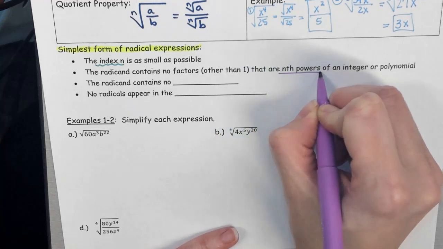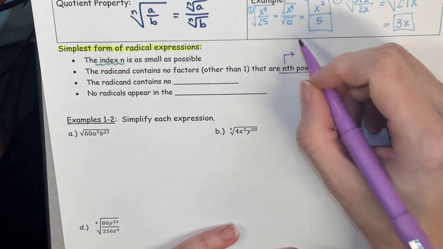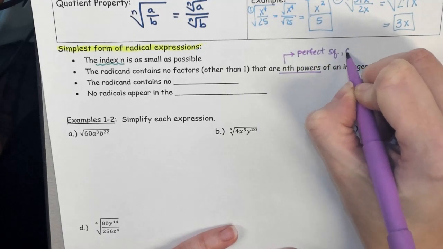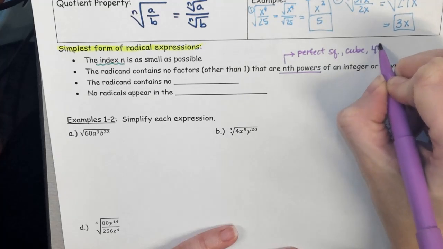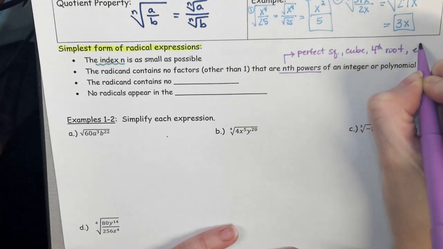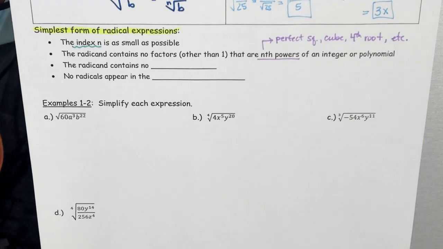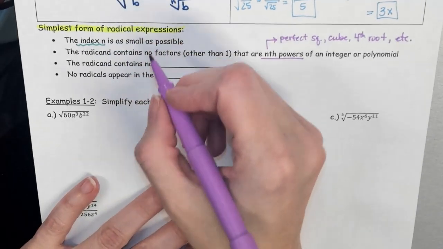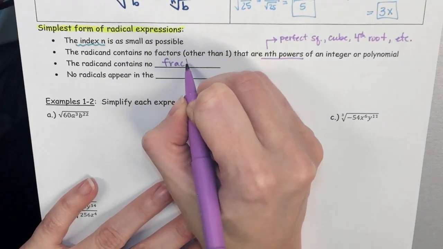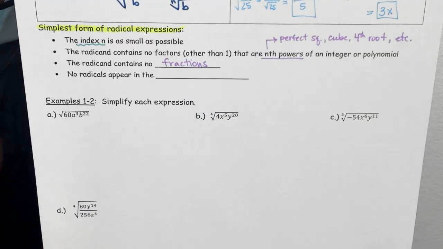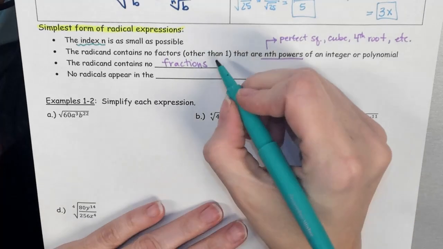Okay, so that are nth powers, that just means that you can't have anything that's a perfect square, perfect cube, a fourth root, a fifth root, etc. Okay, and to make sure that we do simplify those, we're going to be making lots of factor trees. You also want the radicand to contain no fractions. So whatever's underneath the radical can't be a fraction. Do you guys remember what the radicand is?